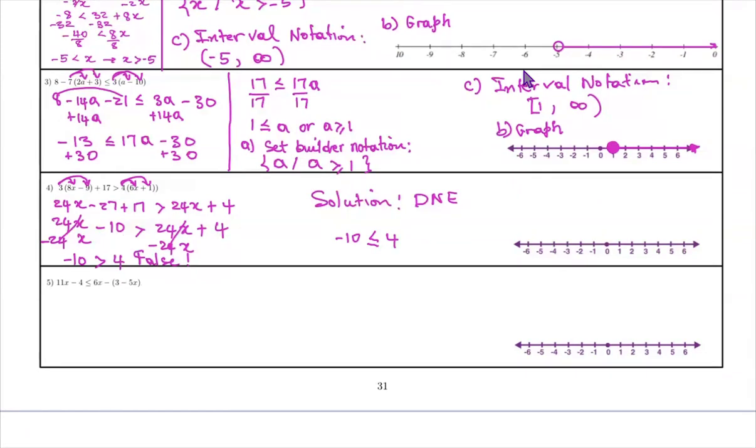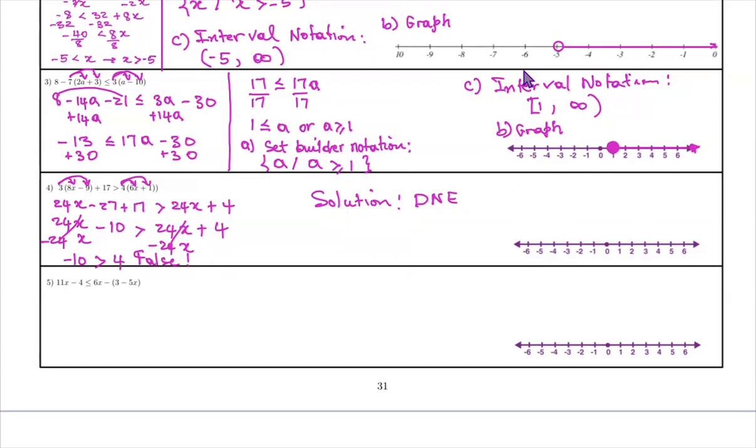If one of them is verified, then it's true. Well, 4 is greater than negative 10. So then that would have made the solution all real numbers. So you need to test the statement on whether it's true or false to decide whether the solution is all real numbers or no solution. In this case, it was no solution.